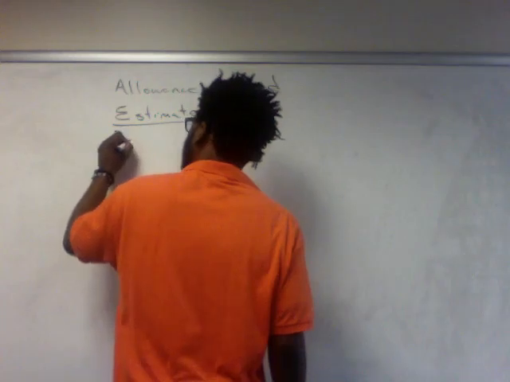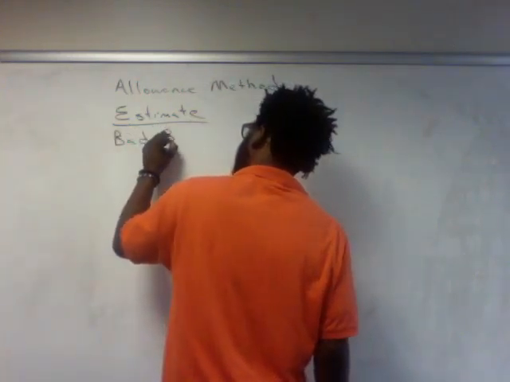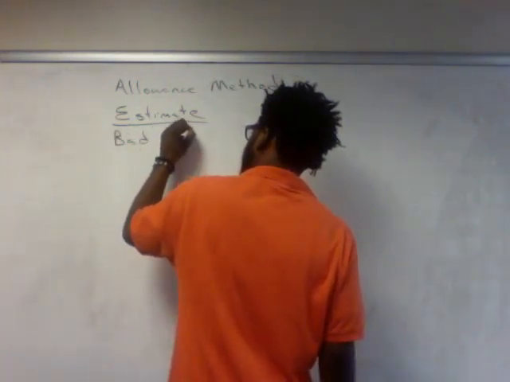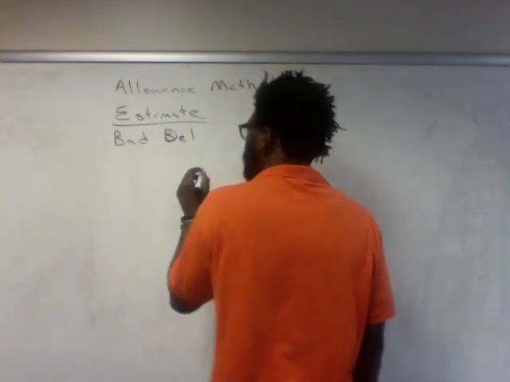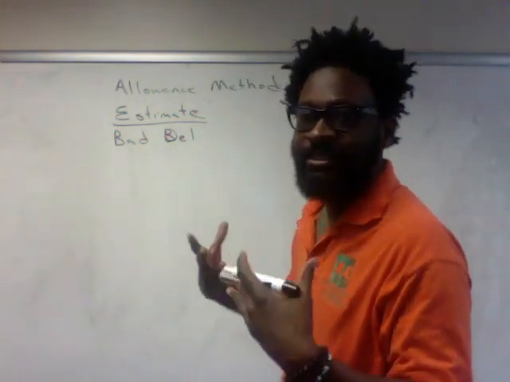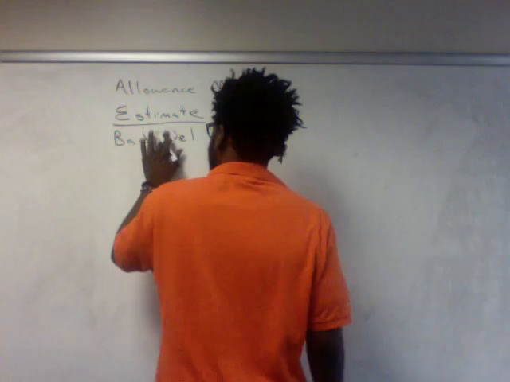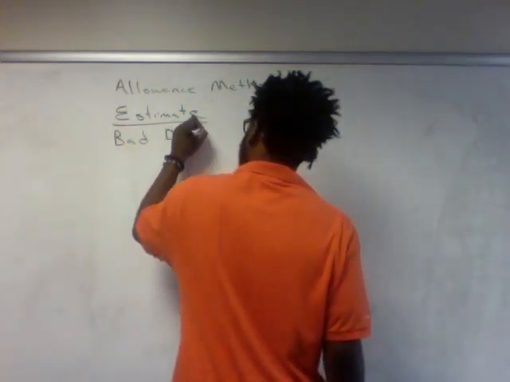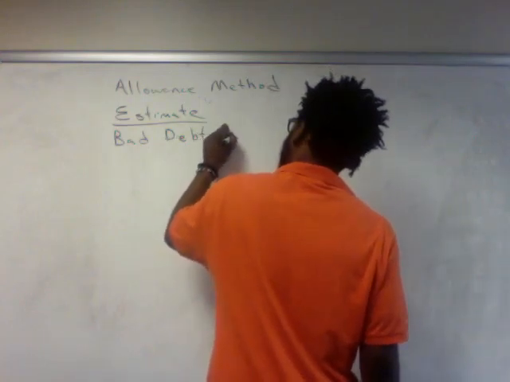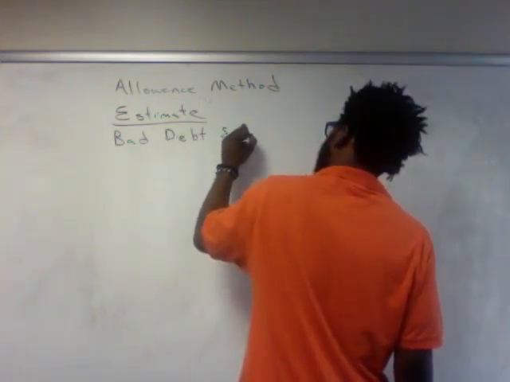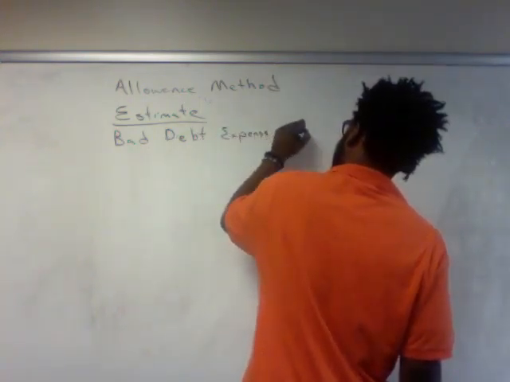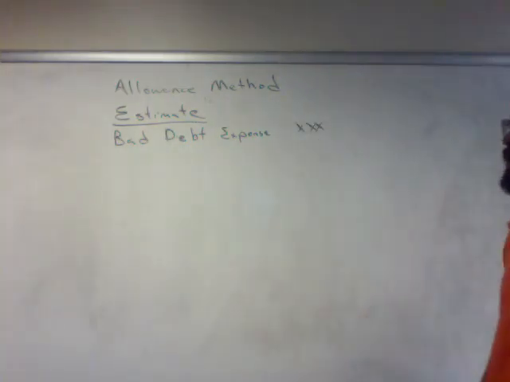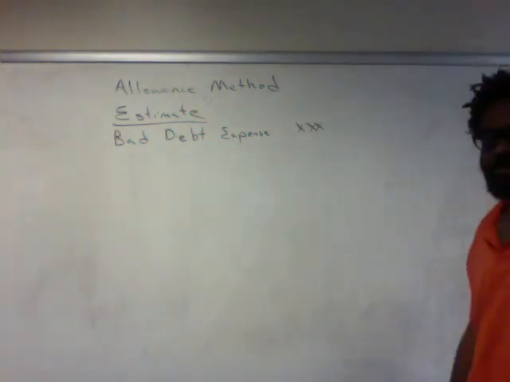Anytime that you estimate, you have to debit bad debt expense. When you can't collect from a customer, it's an expense to the company. So you debit always bad debt expense.